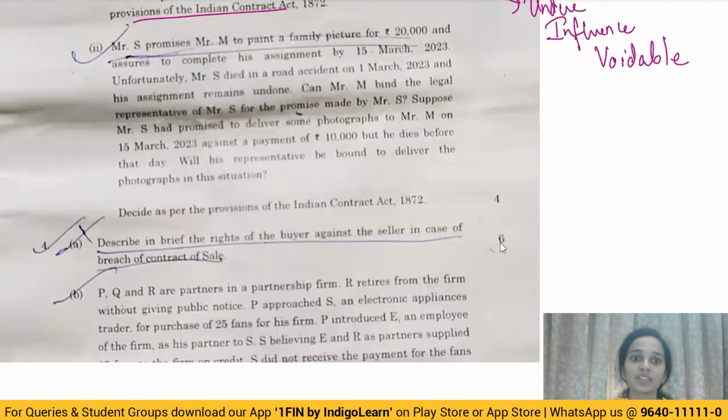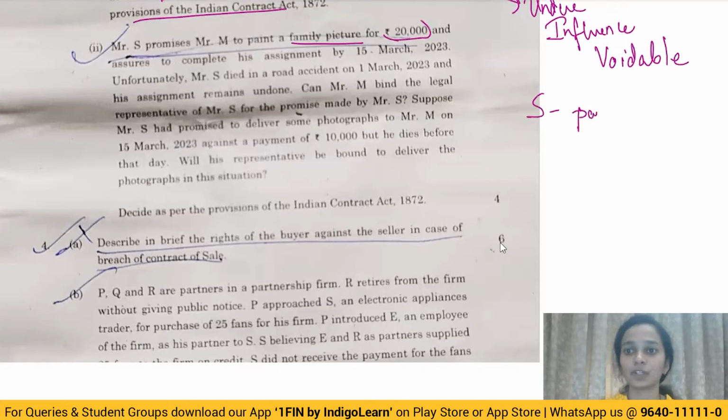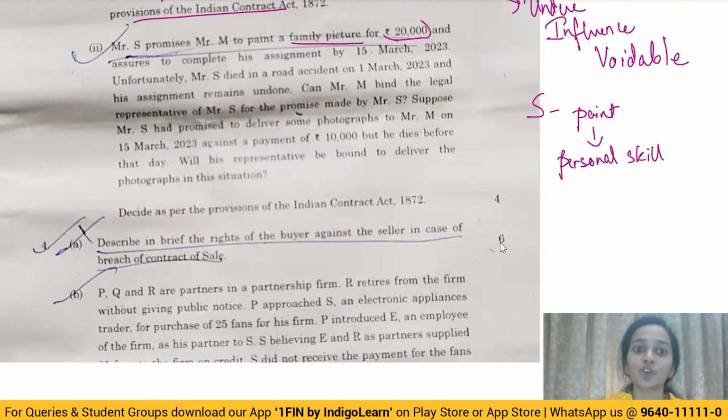Mr. S promises Mr. M to paint a family picture for 20,000 rupees. Now painting is something which requires personal skill. And he assures to complete his assignment by 15th March 2023.